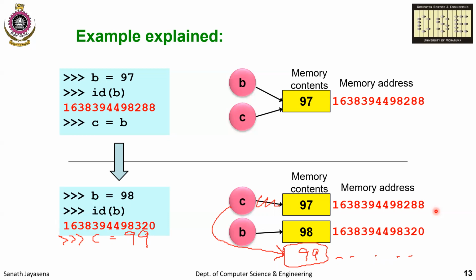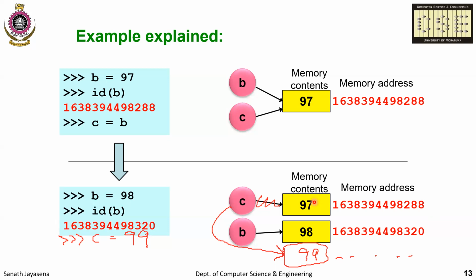Now, what about the object 97? Is it still there? If you say C equals 99, we said the C will now refer to that new object 99, right? A new object will be created with value being 99. Now, what about this object 97? Is it still there? Yes, it is still there, most likely. Right?